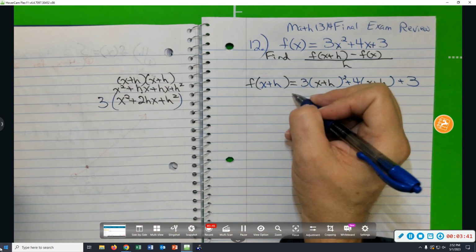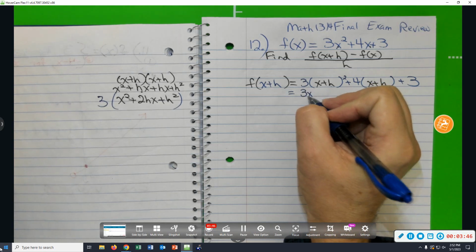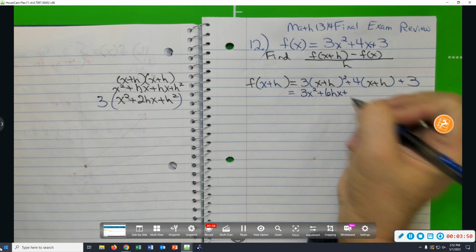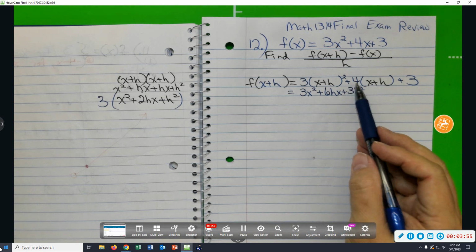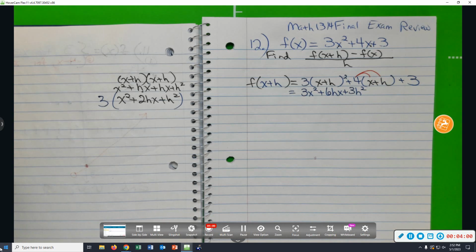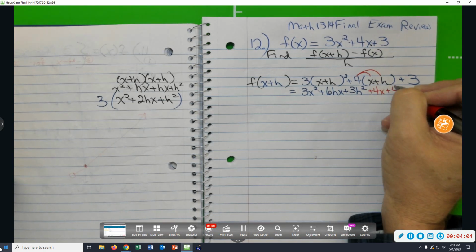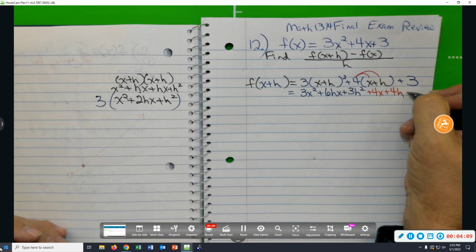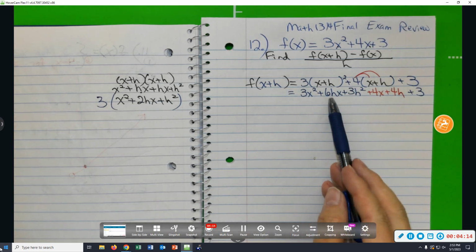Distributing the 3, what are we going to get? 3x squared plus 6hx plus 3h squared. Okay, good. Now we have that 4 times x plus h. What's that going to give us? Plus 4h. And we still have what stuck on there? That plus 3. Notice there are no like terms to combine here.